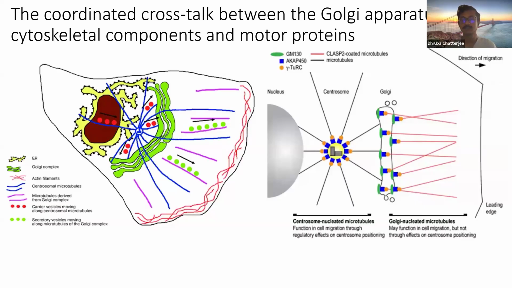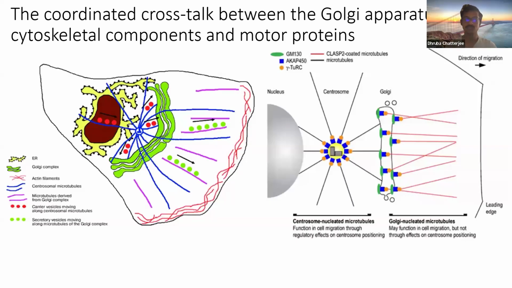And there is a considerable amount of dynamics also in the organization of the Golgi apparatus, especially during cell division, right? Because in cell division, when the mother cell is getting divided into two daughter cells, these endomembrane compartments, that is the endoplasmic reticulum and the Golgi apparatus, need to be segregated as well between the two daughter cells.